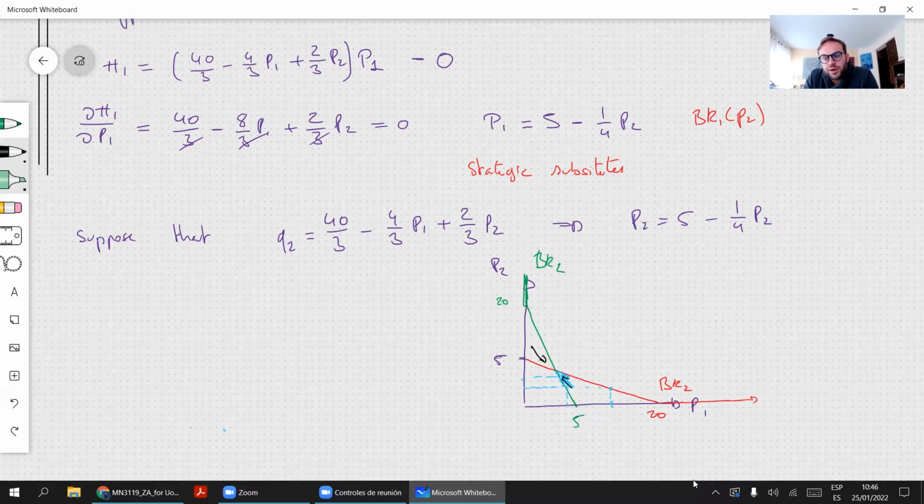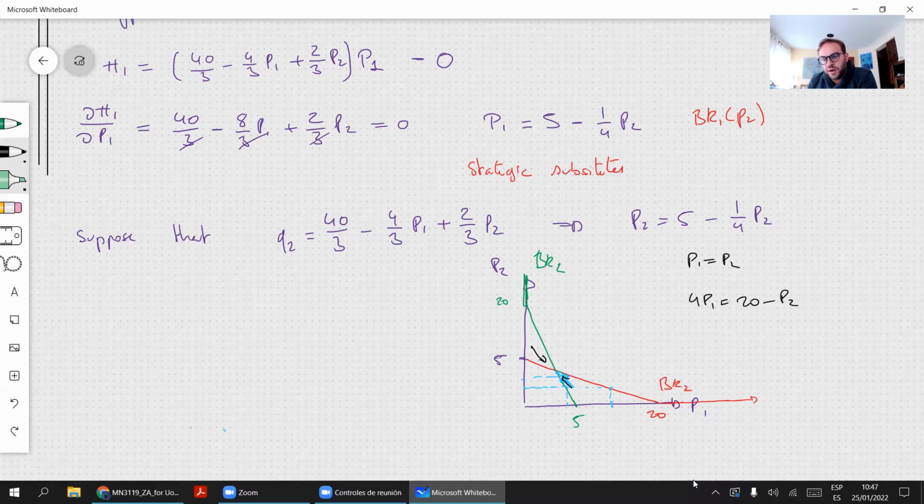Numerically, there's nothing too sophisticated in computing the values, so I'm going to ignore it. I know that things are symmetrical, so P1 is equal to P2 because they are solving the same thing. This fraction is always annoying, so I'm going to write it as 4 P1 is equal to 20 minus P2.